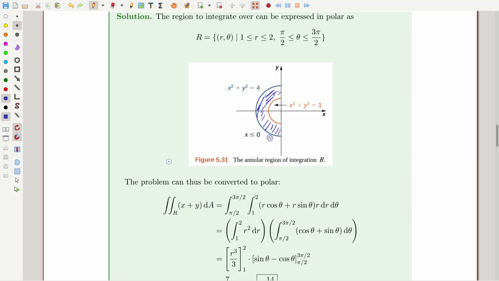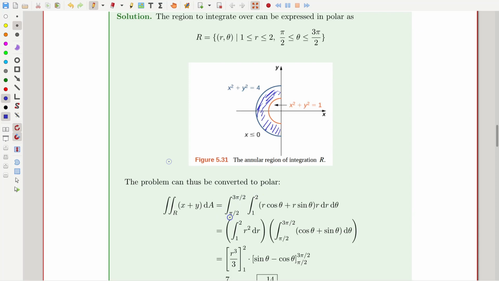But you can tell that this is polar rectangular because the bounds for theta and the bounds for r are both constants. So when you construct the integral over this region, you use bounds that are all constants. That's why it's polar rectangular.